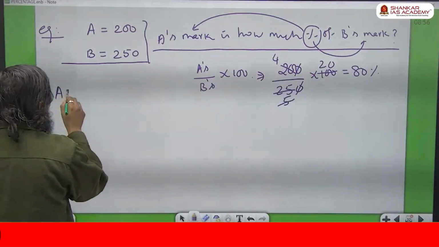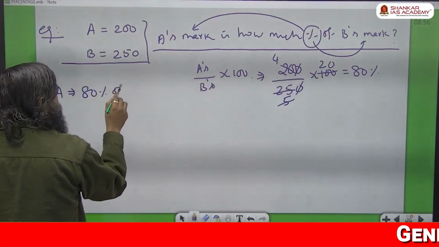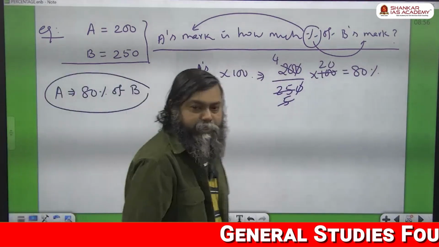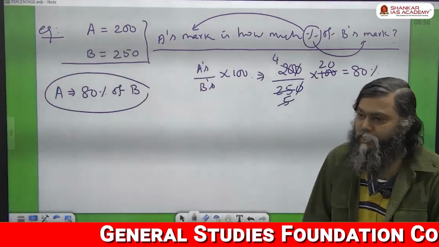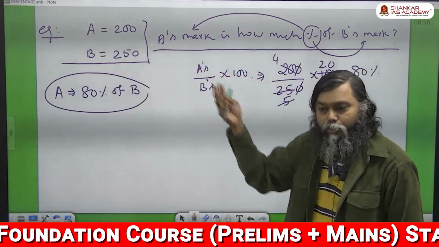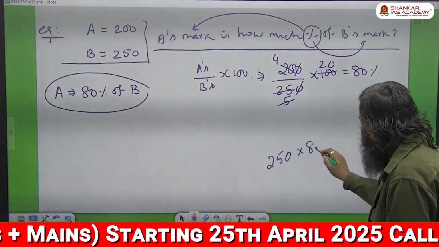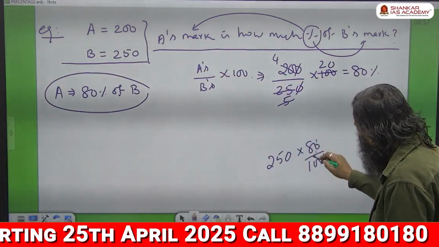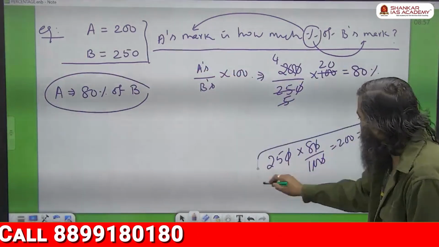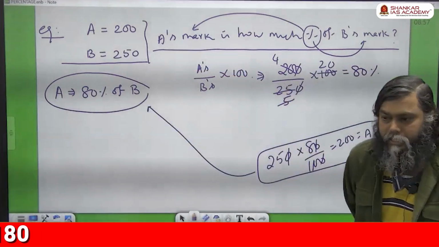A's mark is 80%. 80% of what? That means A's value is 80% of B's mark. B is how much? Out of 250, 80% is how much? That is equal to 200. Understood or not? 80%.